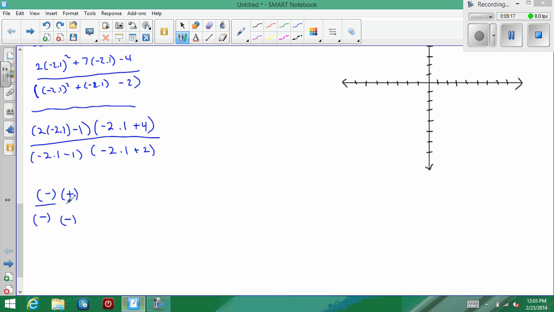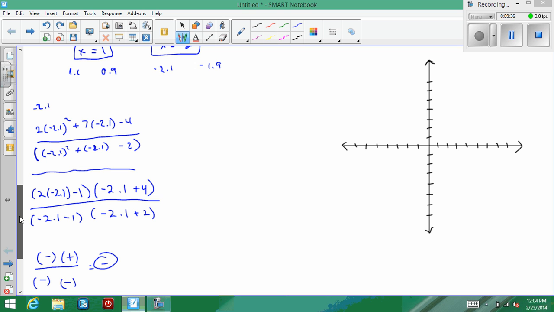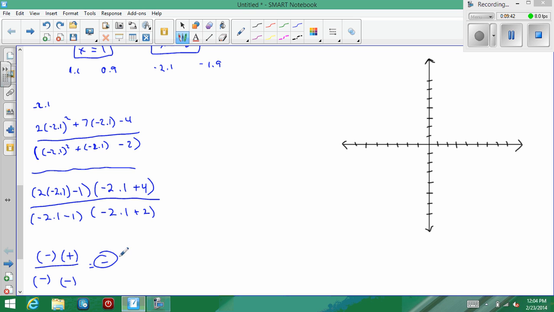Okay? So then, when we look at this, we have 3 negatives. When you multiply and or divide by 3 negative numbers, your final outcome is a negative number. Okay? So at negative 2.1, I will have a negative value. So my y is approaching negative infinity.